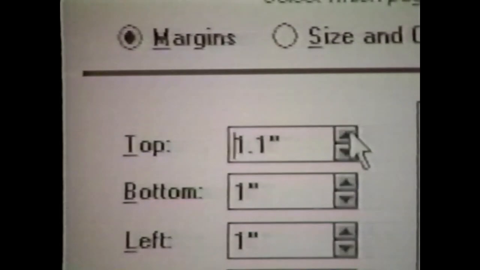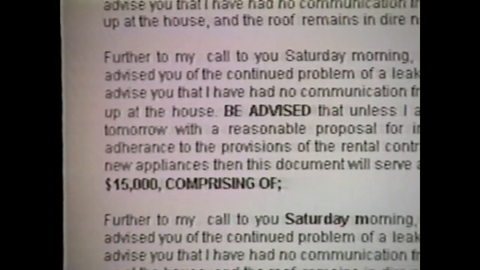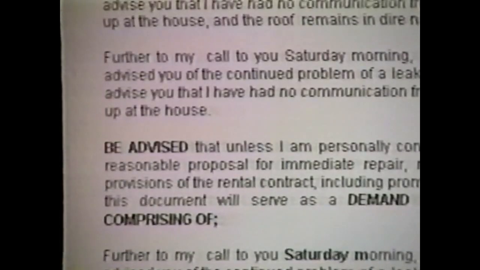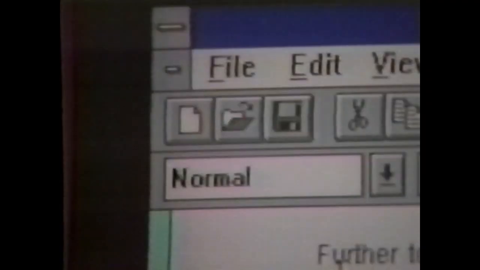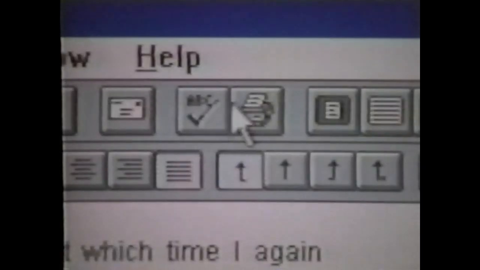You can set the margins on a page and change them whenever you wish. Breaking up a large paragraph into smaller ones only takes a few keystrokes. Once your document is exactly the way you want it, you can save it as a file on your hard or floppy disk. Or you can print it on your printer.